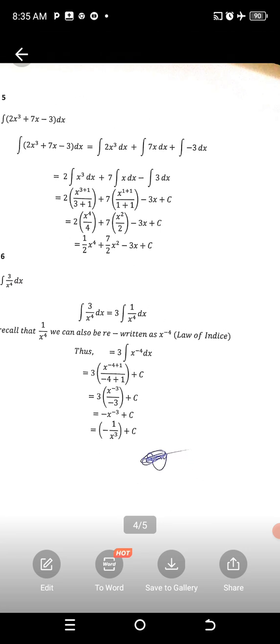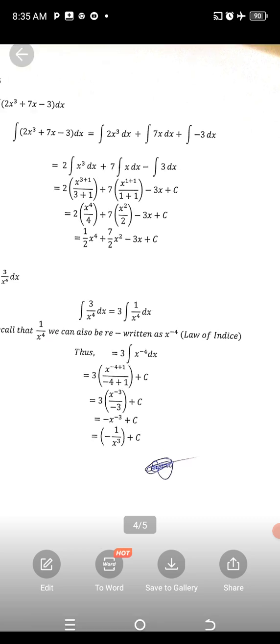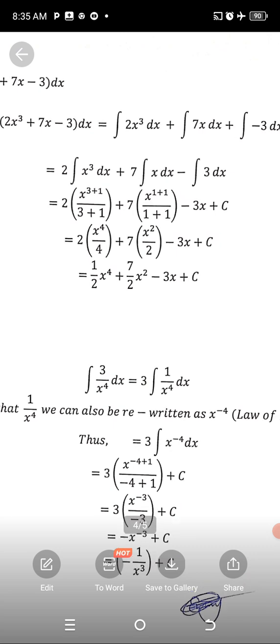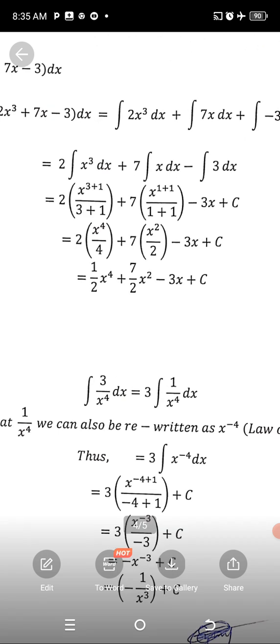So you can see that after that we do what? We bring out the constant, the coefficient at the back of that function. And the coefficient of x cubed is what? Is 2. We brought it out, which is 2 integral x raised to power 3 dx plus 7 integral x dx minus integral 3 dx.